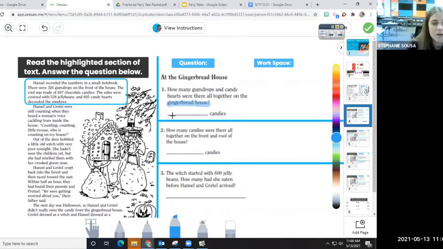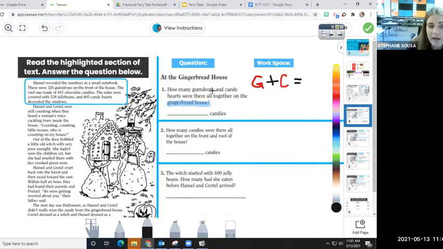Okay, so let's take a look at what our equation will be, and I'd like for you to write this with me. Our equation is going to be gumdrops, let's use a G, plus our candy hearts, let's use a C, and that's going to tell us the total amount.